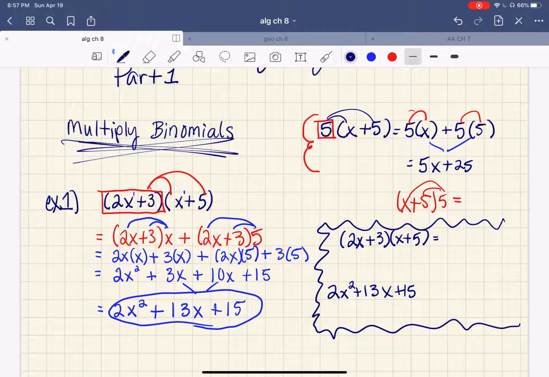I'm going to pick any number and plug it in, and I'm going to get the same answer for both of those problems. No one can pick the number for me right now, so I'm going to pick -3. So let's say x equals -3. What do I get when I plug in -3 for x in both of these expressions?